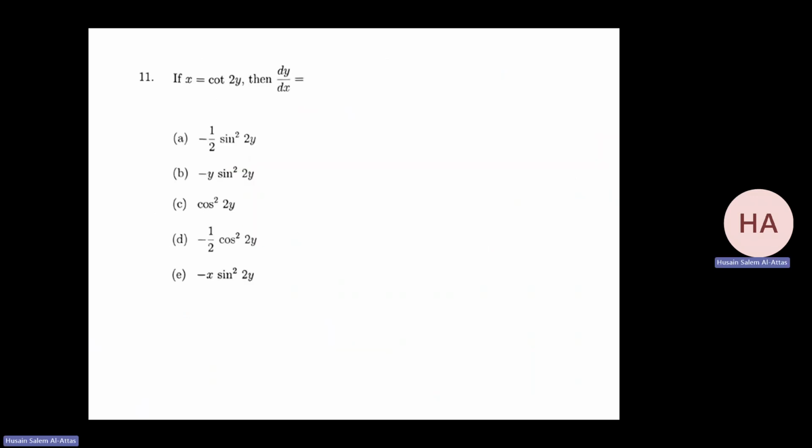If x is equal to cotan 2y, find dy by dx. Okay. Differentiate with respect to x. What's the derivative of this? This is 1 equal. What's the derivative of cotan? It will be minus cosecant squared 2y times the derivative of this, which is 2y prime.